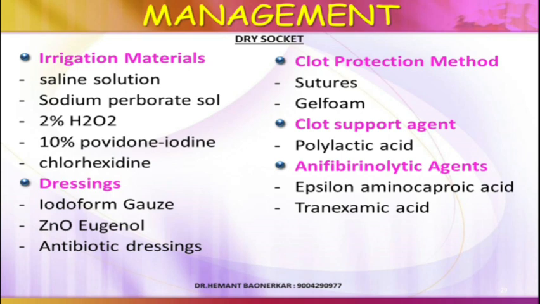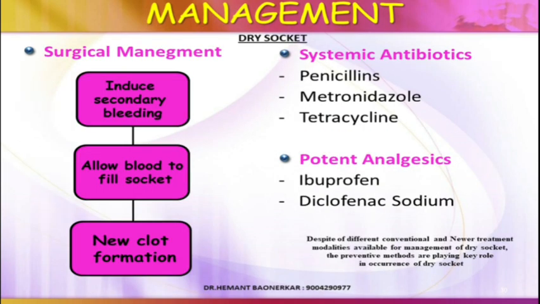Then clot protection methods we should use, like suturing and placement of gel foam. Gel foam is also helpful sometimes, as it helps keep the blood clot at the site of extraction. Then some clot support agents like polylactic acid are also advised. Antifibrinolytic agents like epsilon amino caproic acid and tranexamic acid are also helpful, as I described earlier.